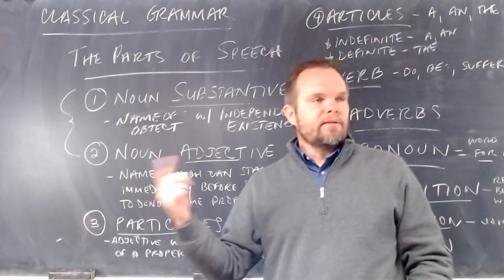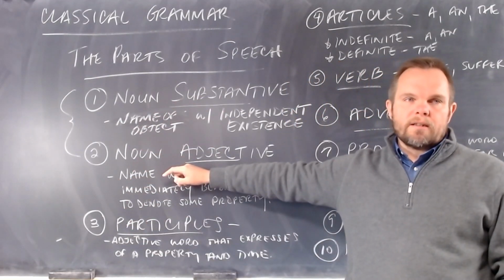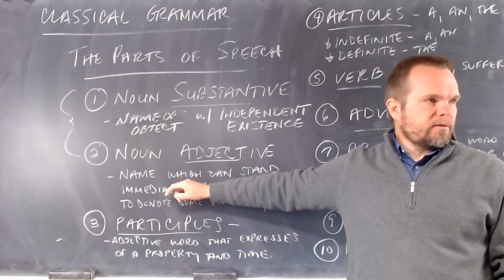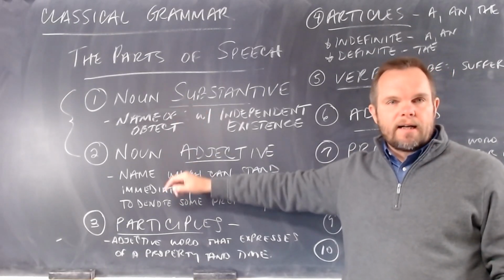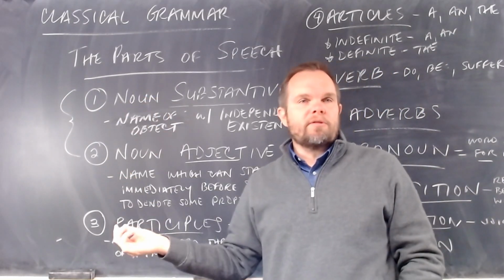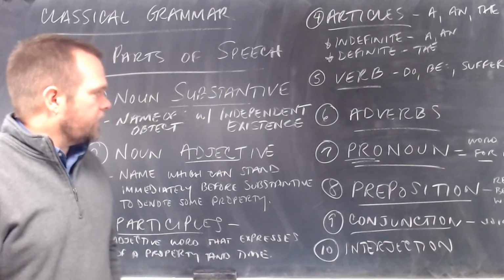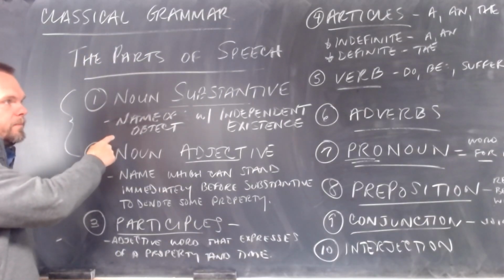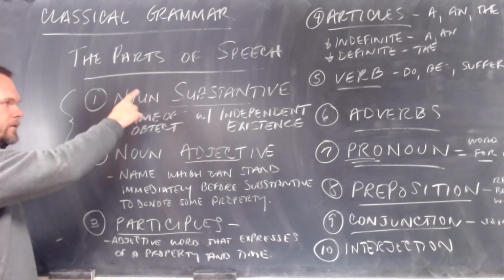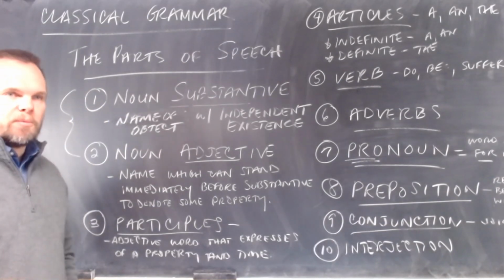There's substantives and adjectives. So the same is true in English. We can consider these as 1 part of speech, but 2 different kinds of that 1 part of speech, or we can treat them like 2 different parts of speech. It really doesn't matter in English. So that's the first difference between English grammar and Latin grammar. Nouns and adjectives, substantives and adjectives can be treated as 2 separate parts of speech.